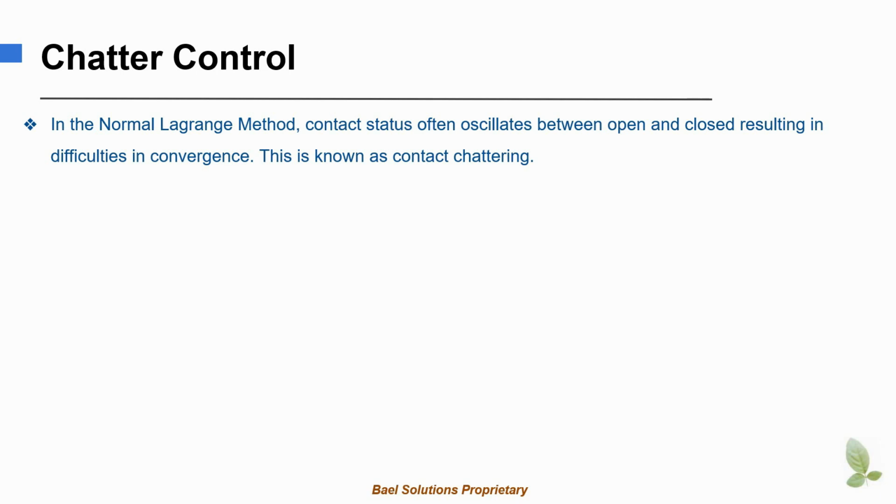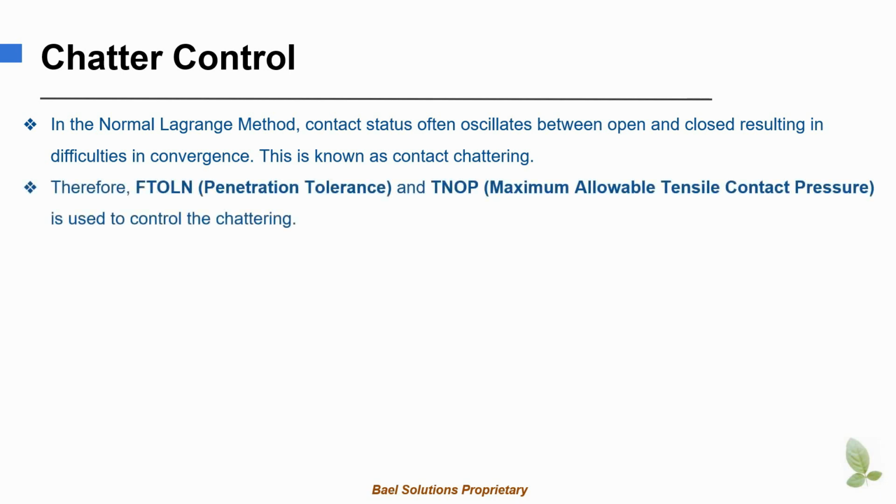Therefore, the solution often oscillates between contact status open and closed. This is known as contact chattering. Contact chattering can be controlled by 2 additional parameters. 1. Penetration tolerance, and 2. Maximum allowable tensile contact pressure.